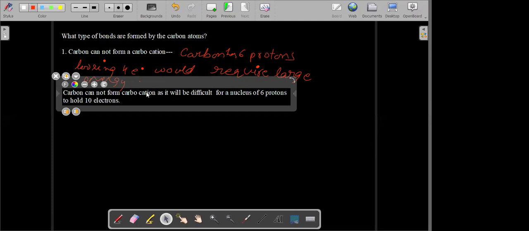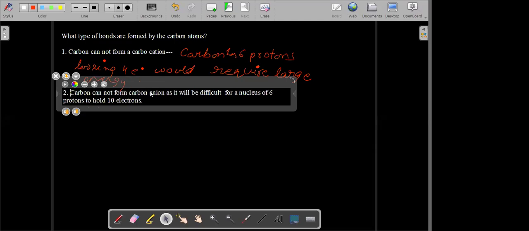Oh, carbanion. Sorry, I have written carbocation again. Okay. So carbon cannot form a carbanion as it will be difficult for a nucleus of 6 protons to hold 10 electrons. Got it? So the only way with carbon is that it can form covalent bonds.